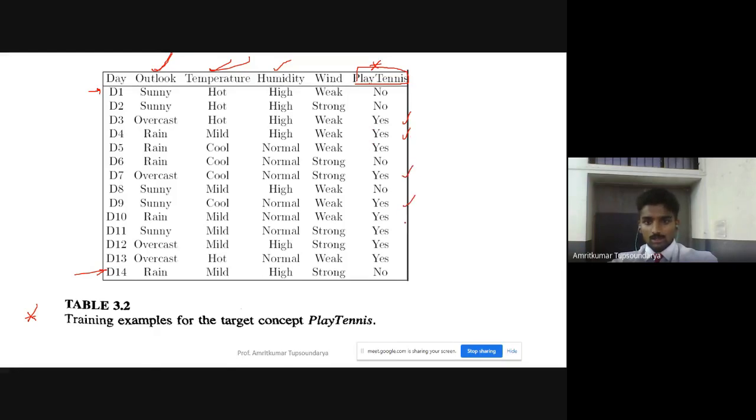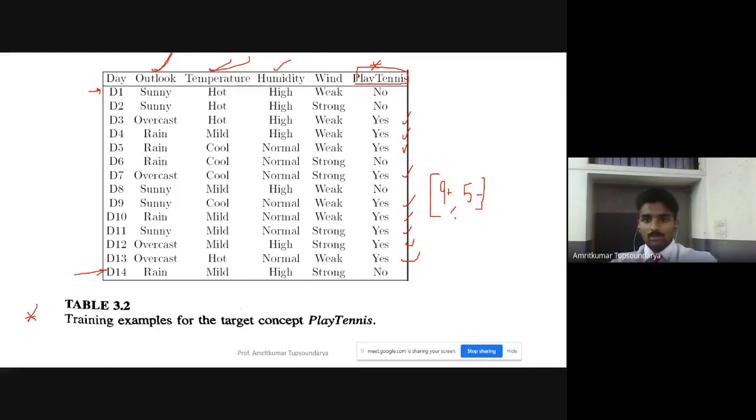As you can see here, these are 4, 5, 6, 7, 8, and I think I missed this one, 9. So we have 9 training examples which are positive, and the remaining are negative, because under those conditions we are not allowed to play tennis. So you can say they are negative examples.